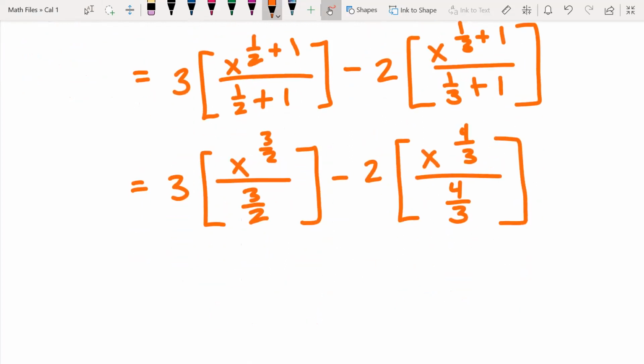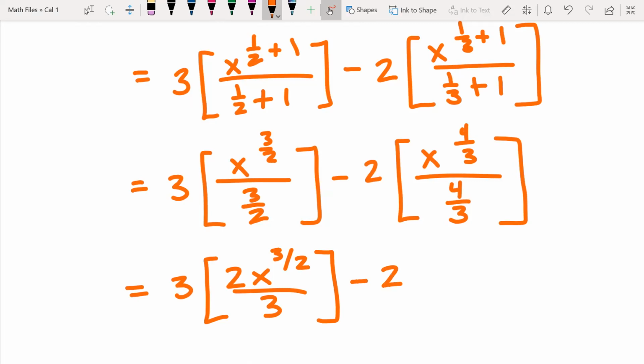Now flip those fractions and we're going to get 3 times 2x to the 3/2 over 3 minus 2 times 3x to the 4/3 over 4.